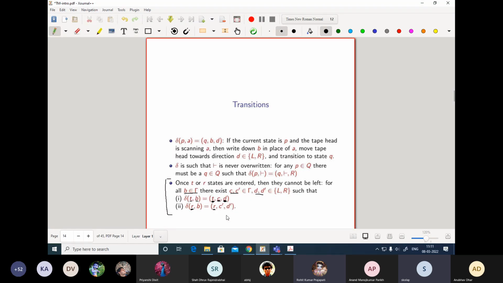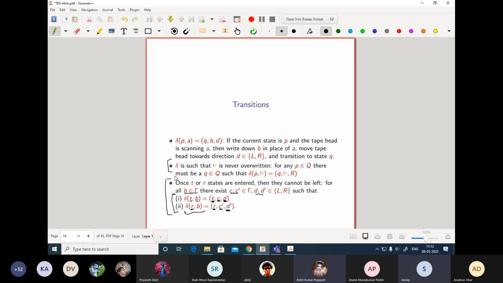You could be rewriting on the current cell, and you could be moving your tape head either to the left or right, depending on what the transition function is. These two changes could happen, but the state does not change once you are in the reject state or in the accept state. These are the two things that are necessary from a transition function of a Turing machine.